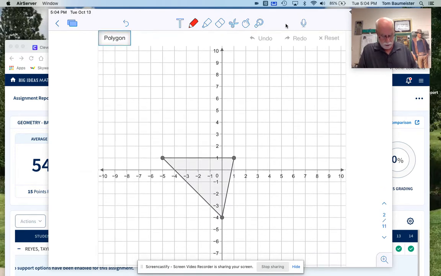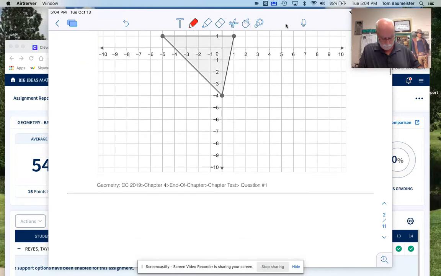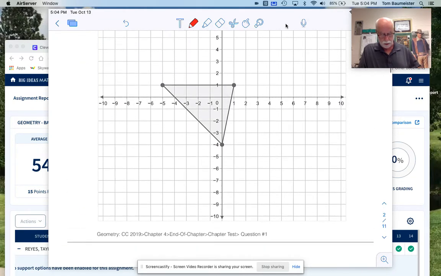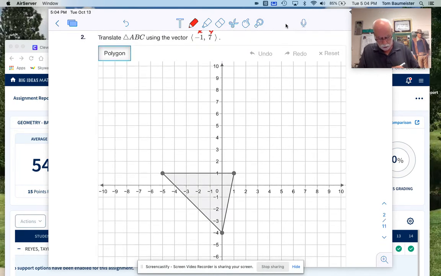So it looks like we have to graph it, right? Yeah. So again, I'm going to move each one, and they didn't name the points, so they're calling them A, B, C, but if you notice, they didn't put it here. So when we graph it, we obviously don't have to put A, B, and C on there.